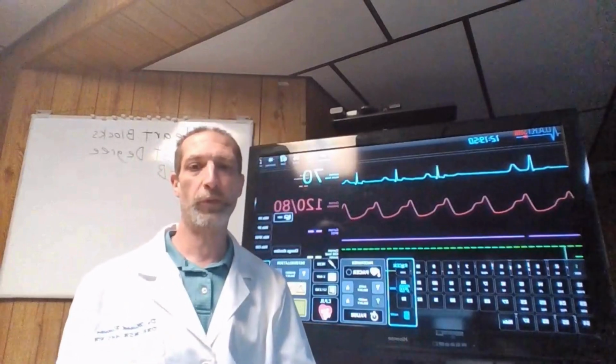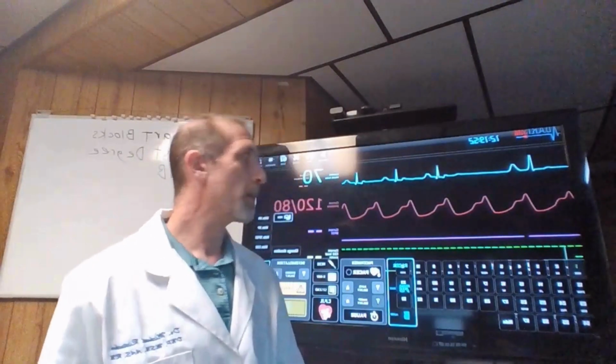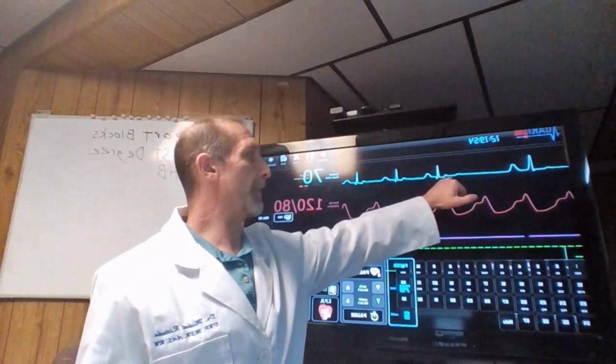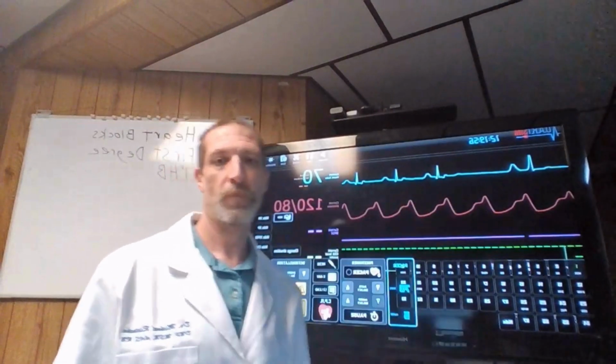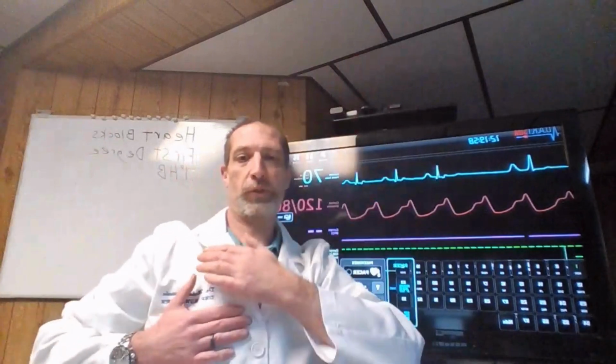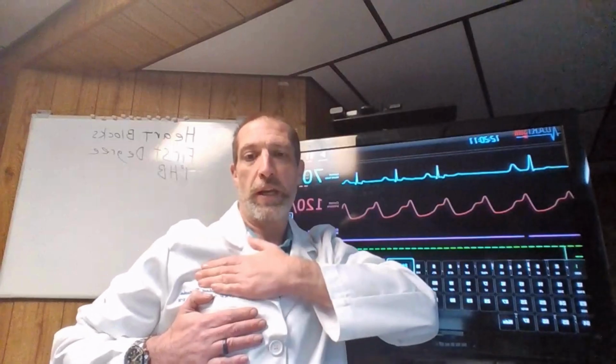So what's taking place with the heart? Why do we have this delay? Well, the SA node is doing what it's supposed to be doing, and it's firing. It's sending the signal down to the AV node. Typically, with a normal sinus, it sends the message and it goes directly down to the AV node.